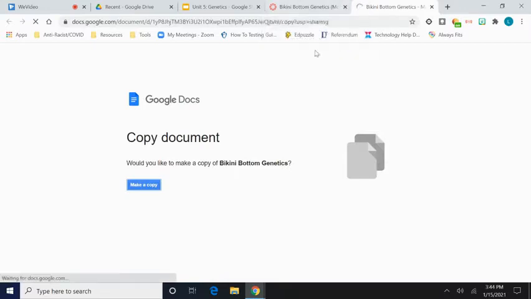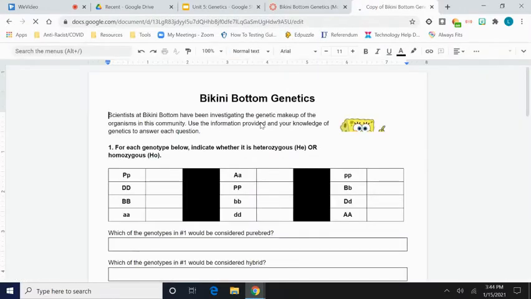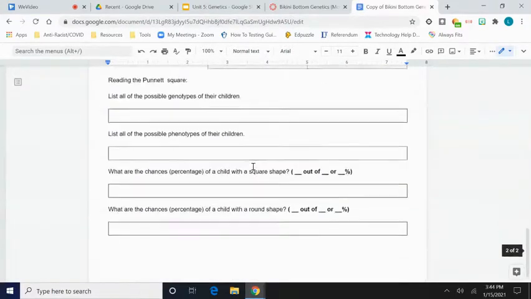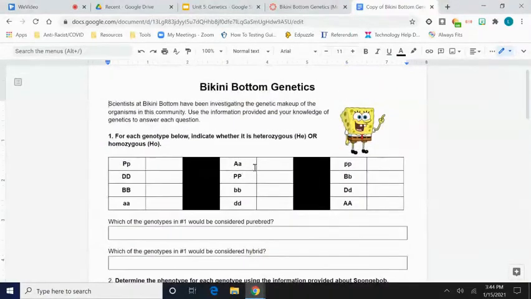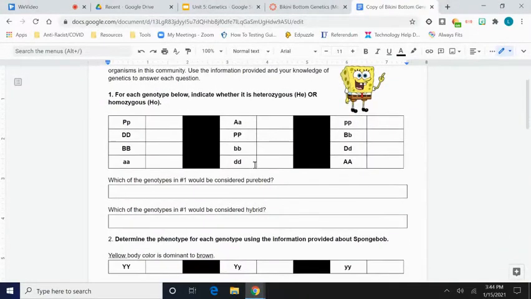It'll open up to this. So it looks long, but it's really not. It's a lot of tables. And it's very simple things of genetics, of the parts of genetics that we have learned so far. It's just practice, making sure that you understand what all the words are.